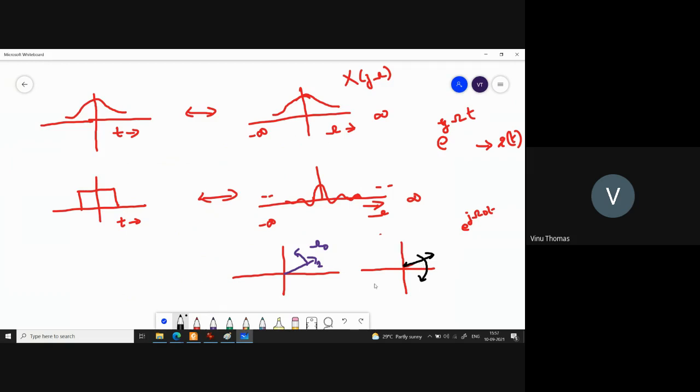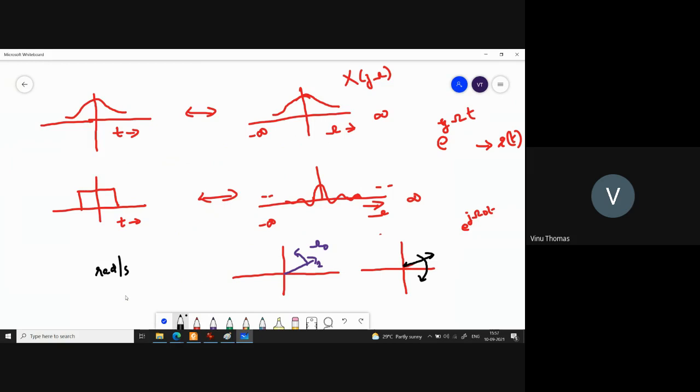So you have omega 0, which is the angular frequency or angular velocity of this phasor, measured in radians per second. It can take both positive and negative values depending on the direction in which the phasor is rotating.